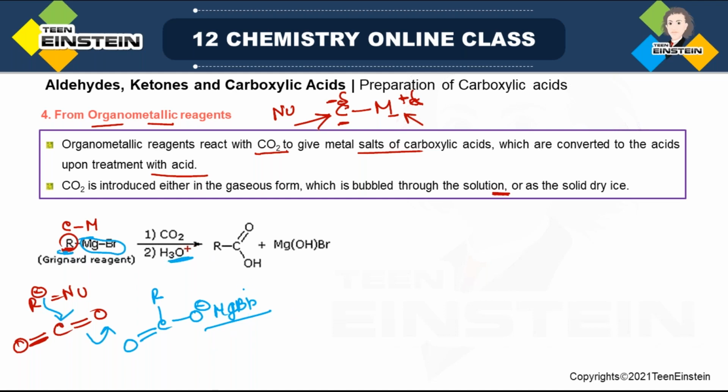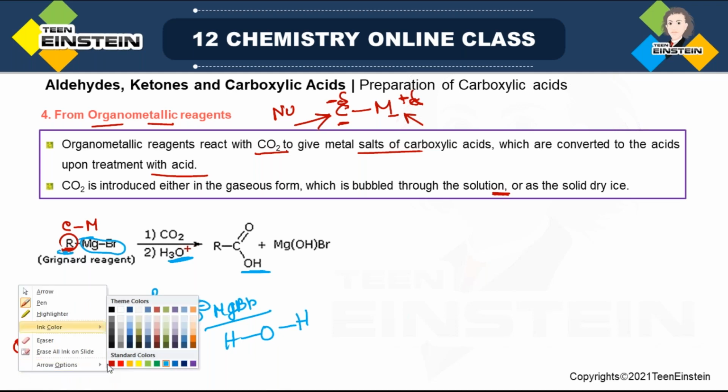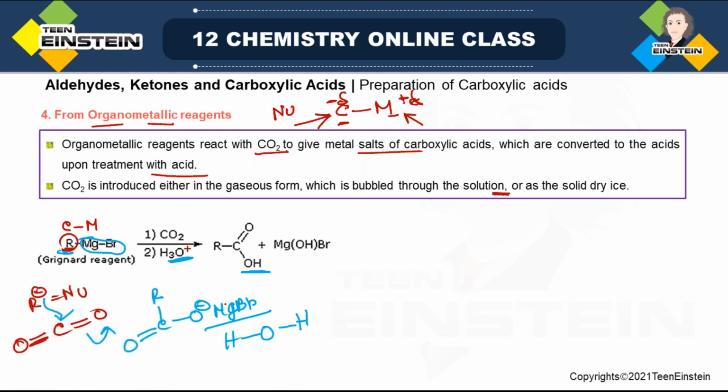So this OMgBr will be converted to OH, and the MgBr will take OH from water. If I write water in this way, HOH, this MgBr will be with OH, MgOHBr, and O minus will be attached with hydrogen.